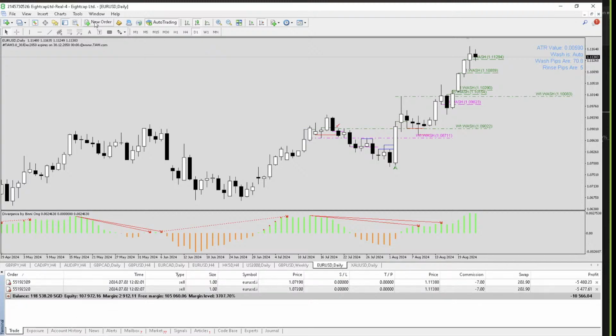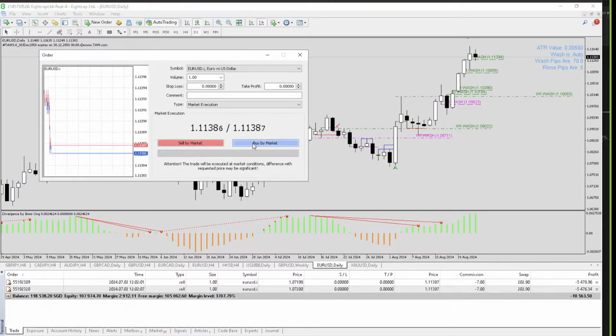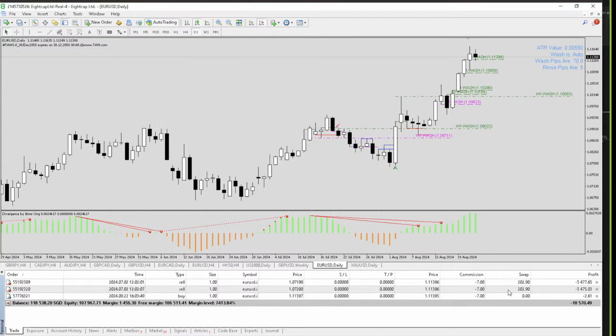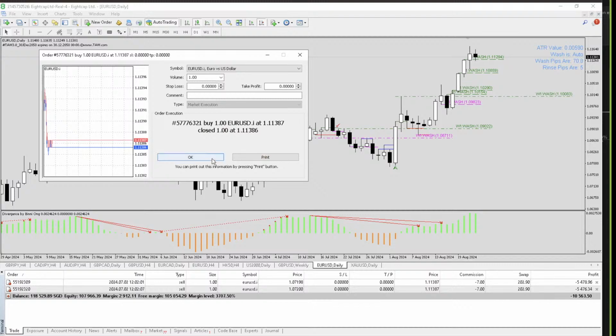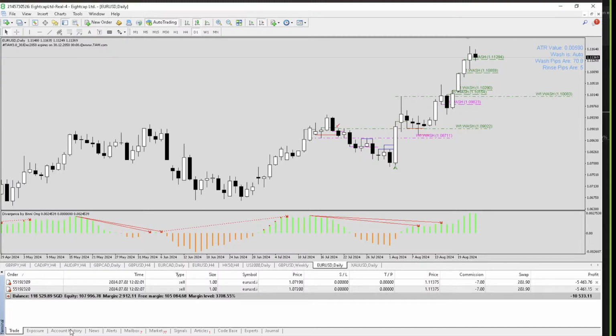Then you repeat this again. I do a buy. See, this is my loss here. You quickly close it. Don't hang on to it. If you hang on to it, you might just result in this to happen. You close it like this. By doing so, you incur 2 lots. You already meet the criteria of 2 lots in just a few minutes.